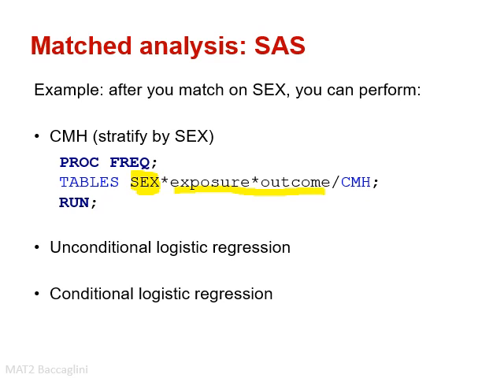A matched analysis is a stratified analysis, so once we stratify by sex, we are actually accounting for the matching. But the other two options would be conditional and unconditional logistic regression. This is especially when we have additional variables such as continuous variables, other variables that we want to include besides sex.